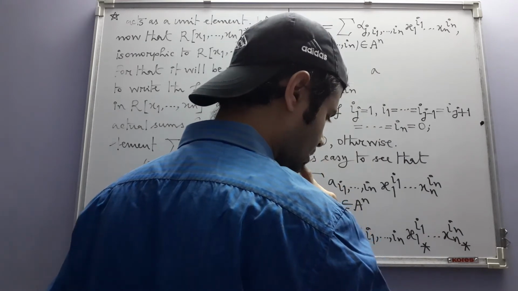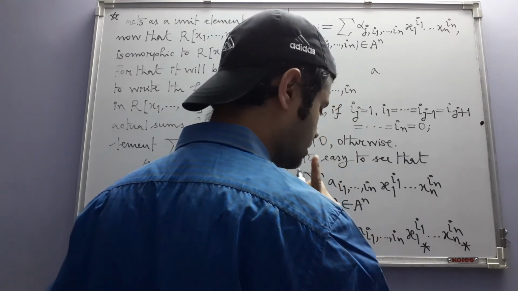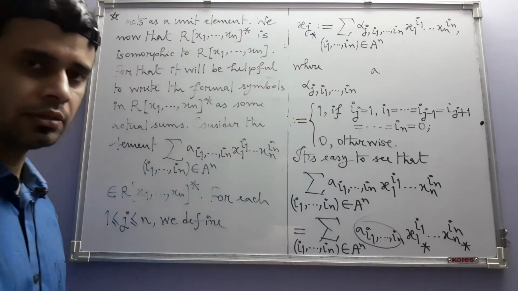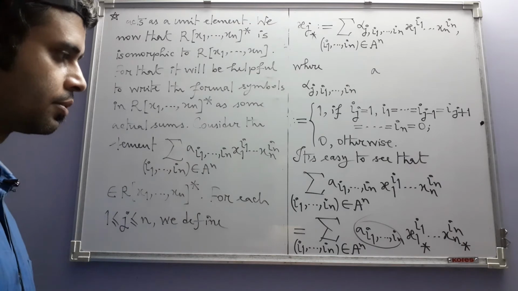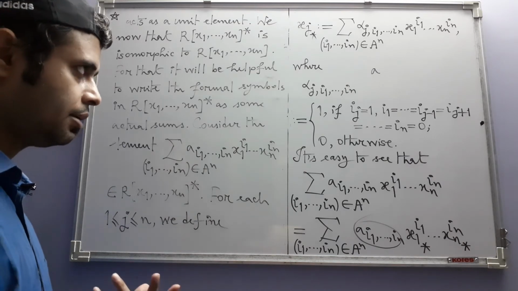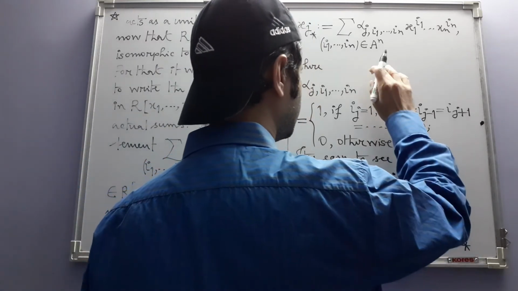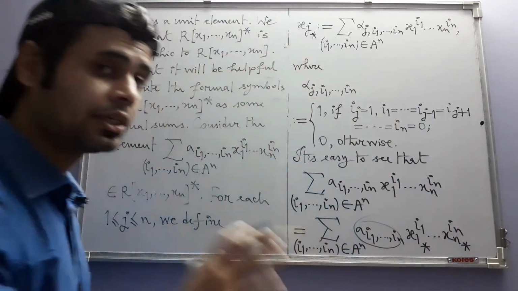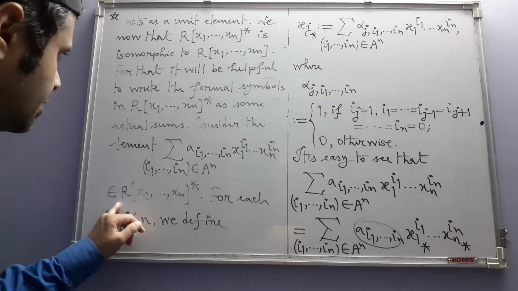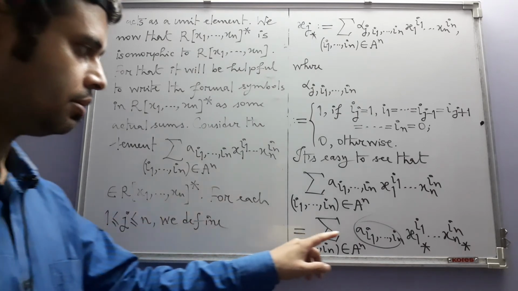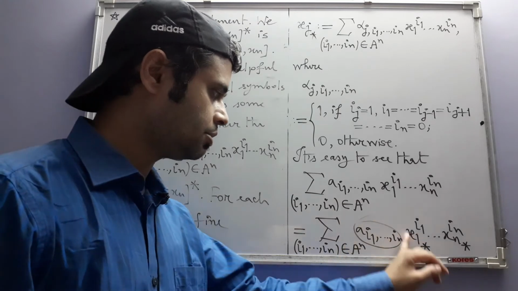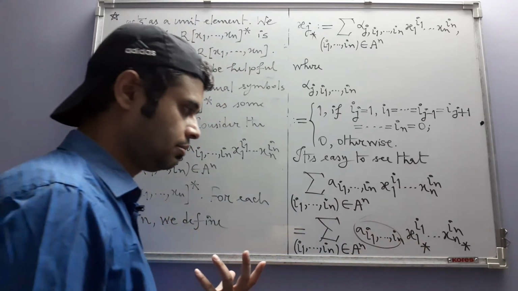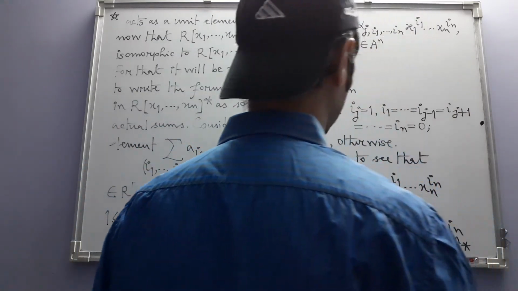What I am trying to say is that this corresponds to an element in this ring, and that element is actually the element where you have the identity, the unit element. From the unit element, using this ring element, you can create an element. I hope you know what I am talking about.